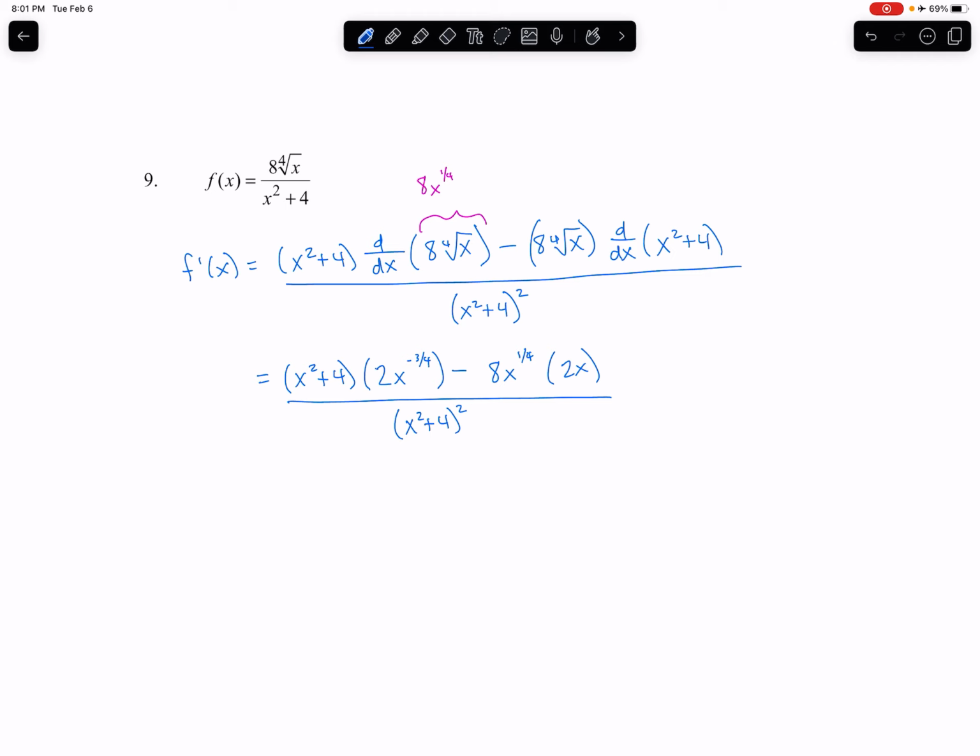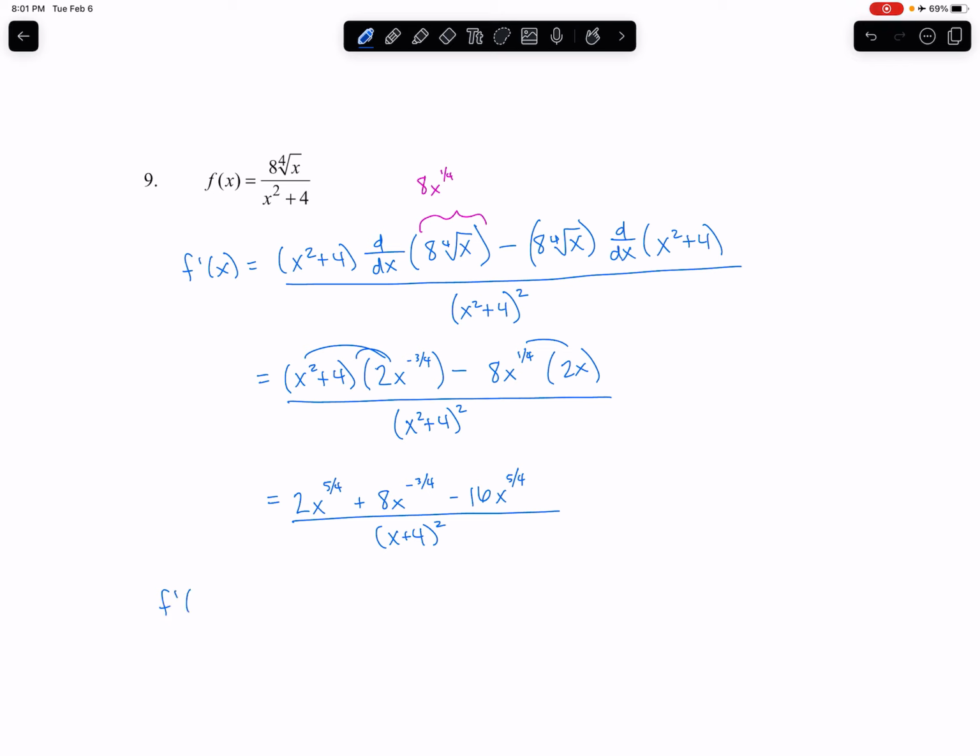Now we will distribute and multiply, which will give us 2x to the 5/4 plus 8x to the -3/4 minus 16x to the 5/4 all over x squared plus 4 squared.